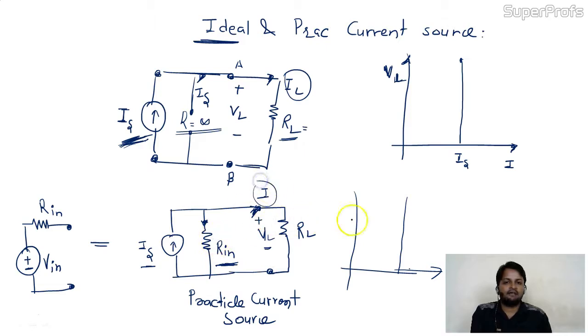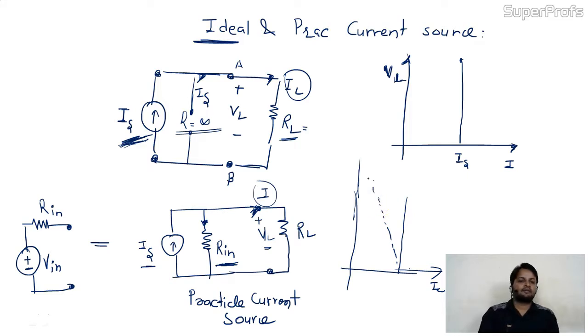So this I will be decreased. Actually, this circuit will be like this. Is it okay? So this is the ideal and practical current source.